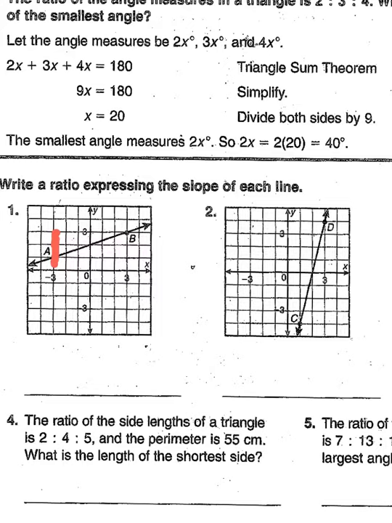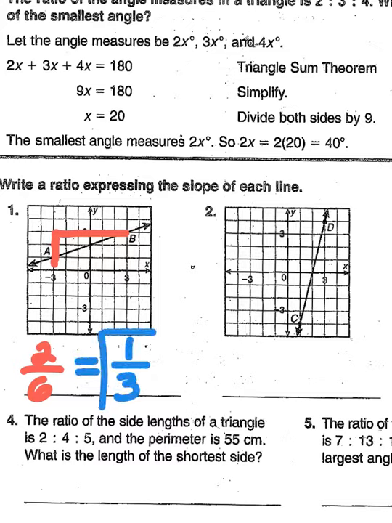So 2 over, what is the run? 2 over 6, and then we can simplify, ¿verdad? By 2 is 1, and by 2 would be 3, and that would be 1 over 3. And notice that the line is positive because it goes up, so the slope should be positive. If it's increasing from left to right, it should be a positive slope.